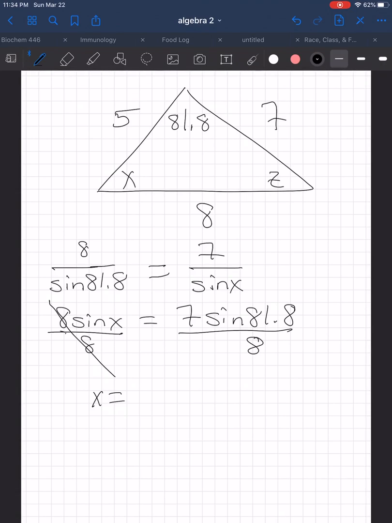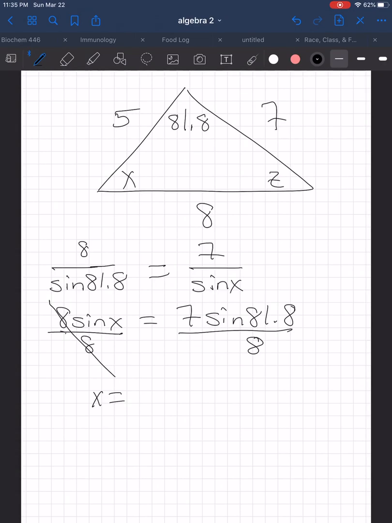So put that in my calculator, and I'm going to say 7 sine 81.8, close my parentheses, divided by 8, and then close my parentheses again. Make sure I'm telling it to multiply the sine of 81.8 times 7, and then take that quantity and divide it by 8.